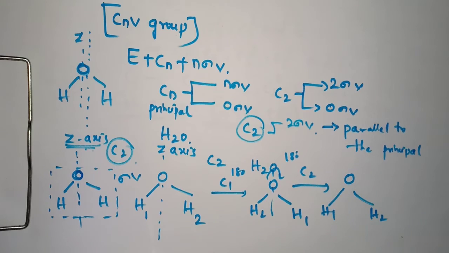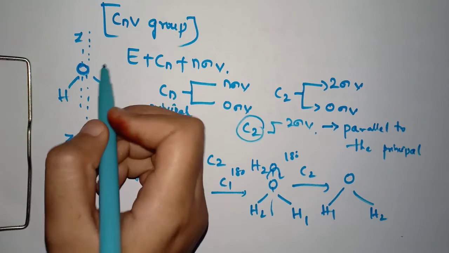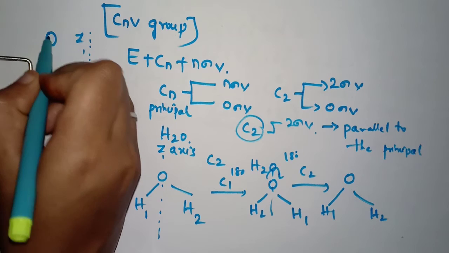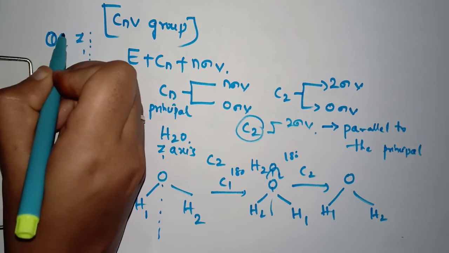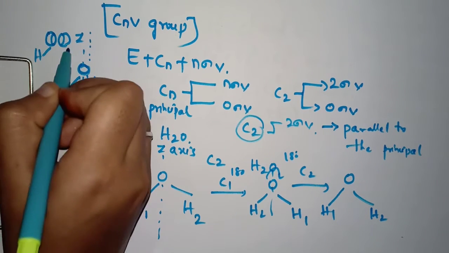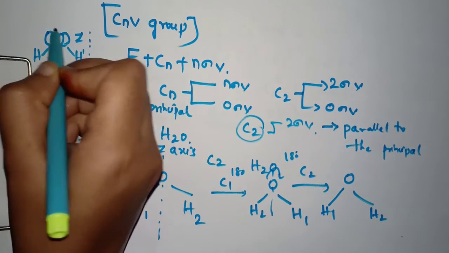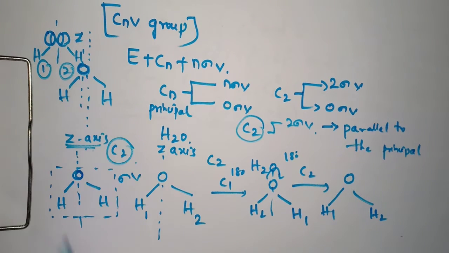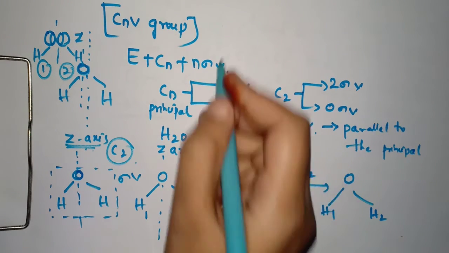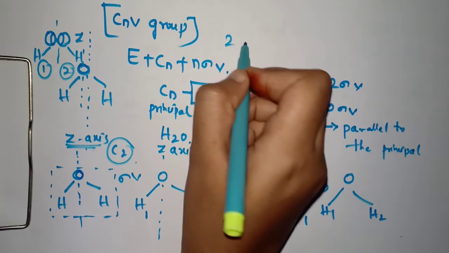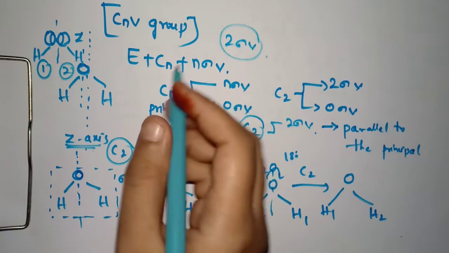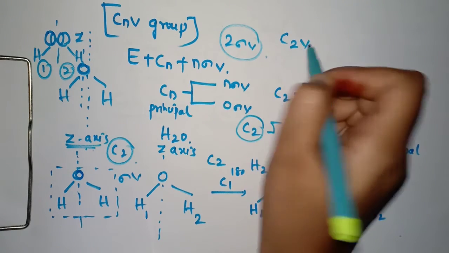Now see here, if you bisect the molecule like this, the oxygen will become like this. So the first one will become the mirror image of the second one. So how many sigma v's are possible here? 2 sigma v's are possible. So for the CNV group, what we have obtained here is the C2V group.